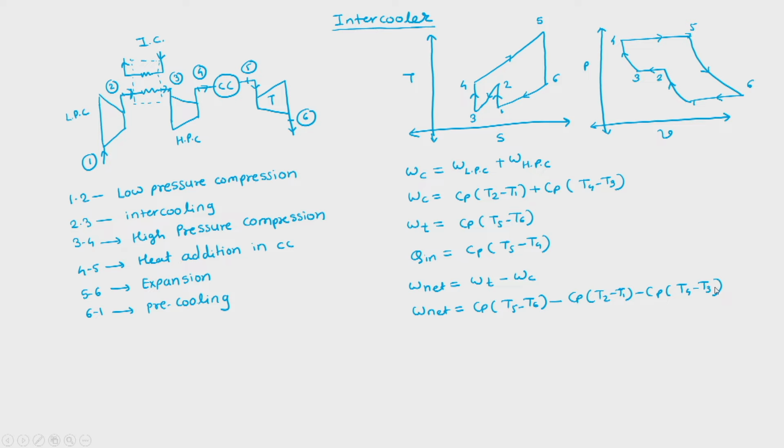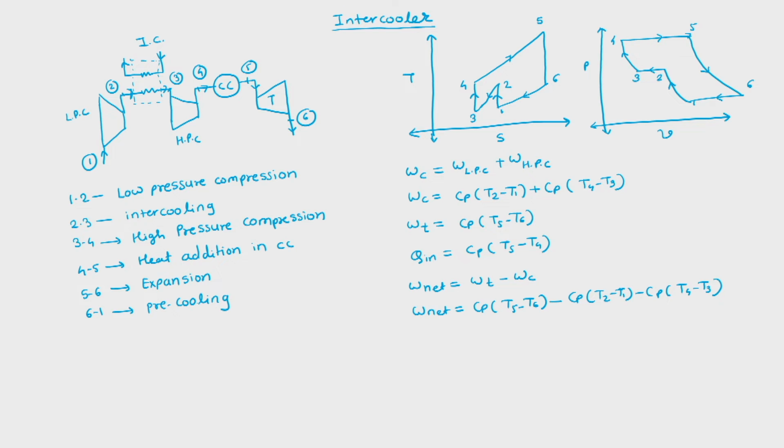So this we need to maximize. So again the question over here, as what we asked for the reheater, is what is the intercooler pressure? So what is P2 is equal to P3 is equal to what, for the W net max?